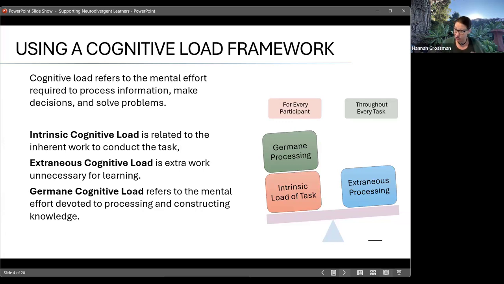Now, I might have an intrinsic load of hoping I'm providing you the right information that you might need, but I might have extraneous processing of anxiety that I might not be providing you the information that you might need. And both of these are happening in my head at the same time, affecting how well I give you the information that you might need.